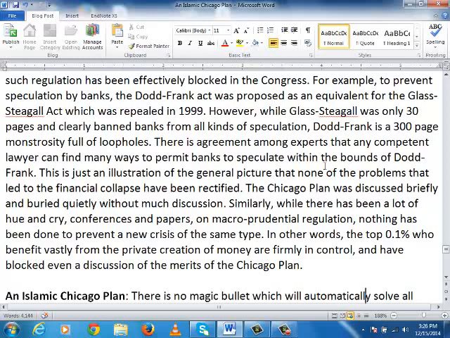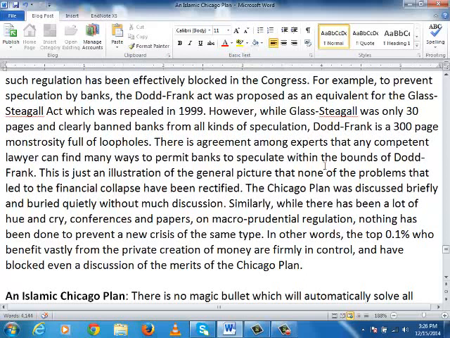But Dodd-Frank has 300 pages, not 30. And all the expert lawyers say, oh, there are so many loopholes to avoid that. Although the idea is that it should prevent, there is one exception and two exceptions and three exceptions. Any clever lawyer can find 100 ways to avoid this and be legal and still gamble.